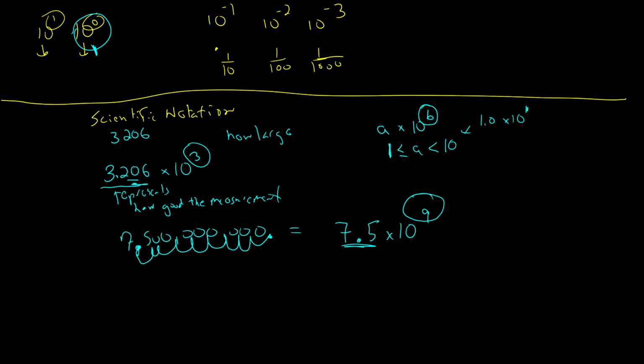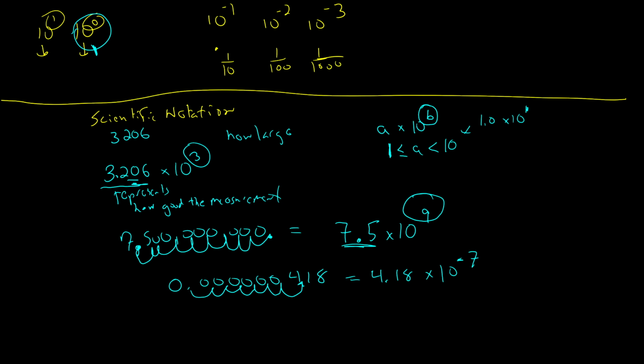Now, I can do the same thing for really small numbers. Right? This is a very small decimal. But if I move over 1, 2, 3, 4, 5, 6, 7, well, this is 4.18 times 10 to the negative 7.